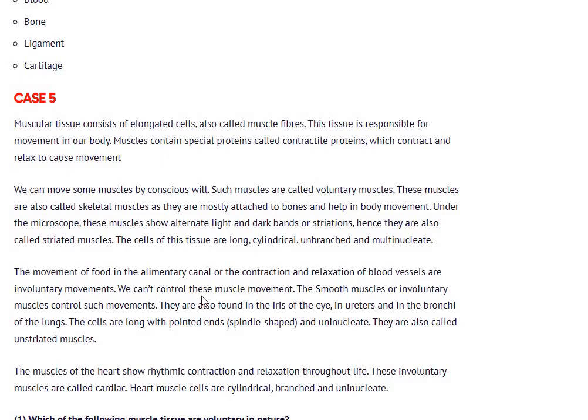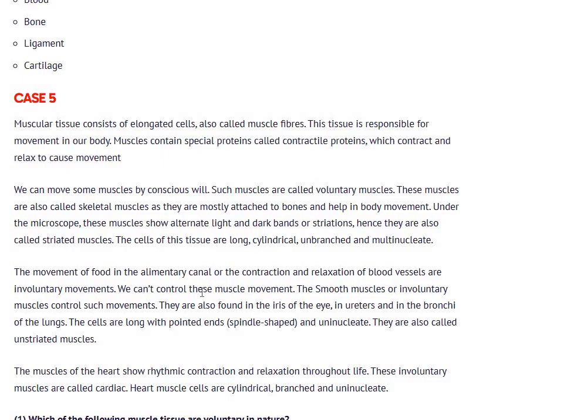The movement of food in the alimentary canal or the contraction and relaxation of blood vessels are involuntary movements. We can't control these movements by our own will. The smooth muscles or involuntary muscles control such movements. They are also found in the iris of the eye, in the uterus, and in bronchi of the lung.